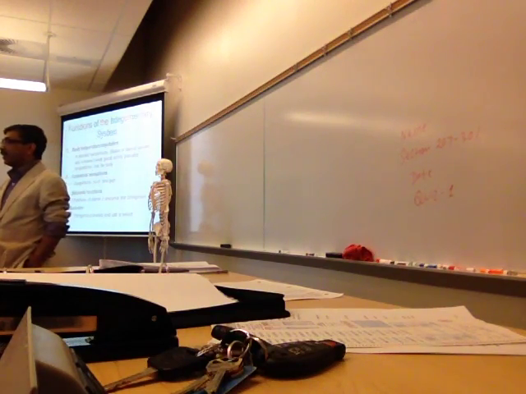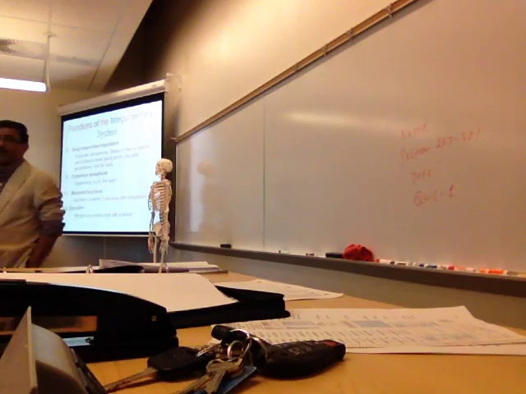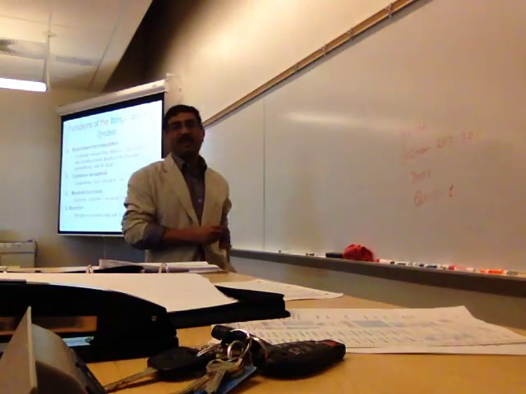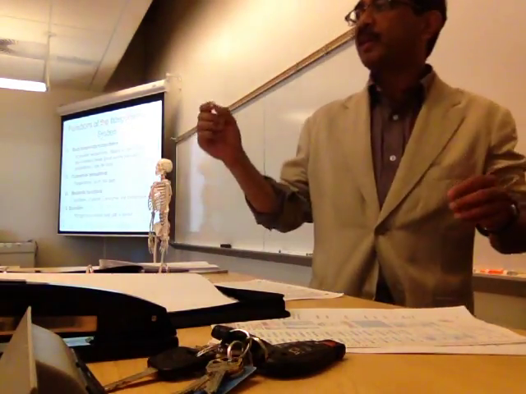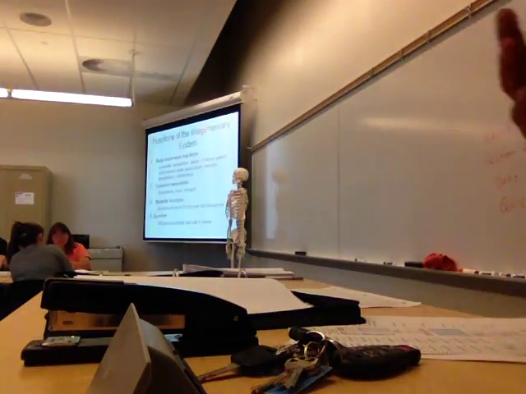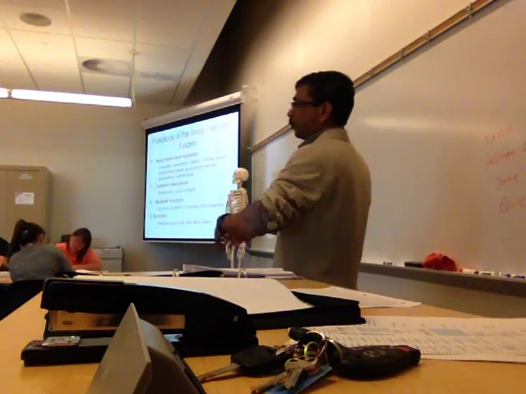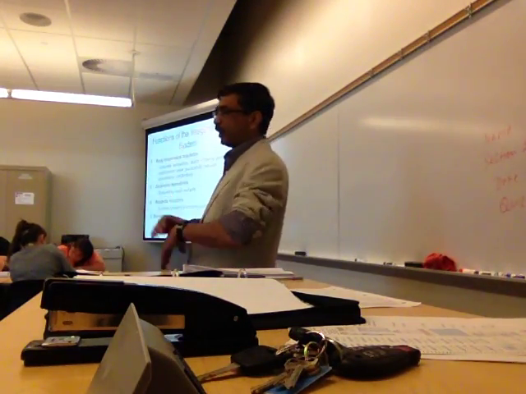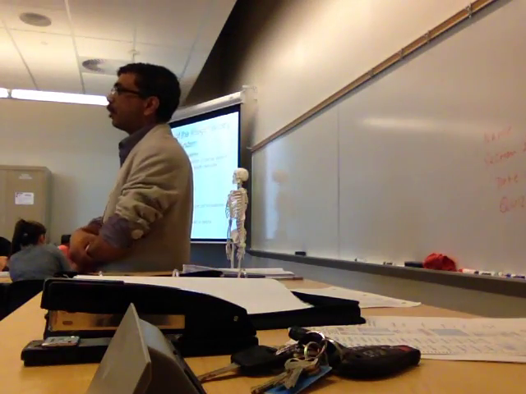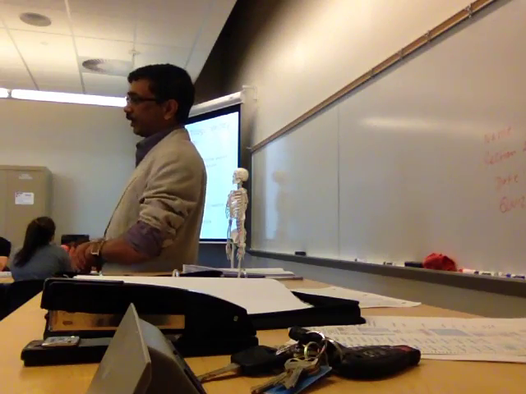Sweat is nothing but mainly water, and when water gets out from the body, it takes a lot of heat out from the body, because water has high heat capacity. It can hold, we have talked about that, a lot of heat. So when even a small amount of water gets out from the body by sweating, it takes a lot of heat out from the body, and your body temperature goes down.